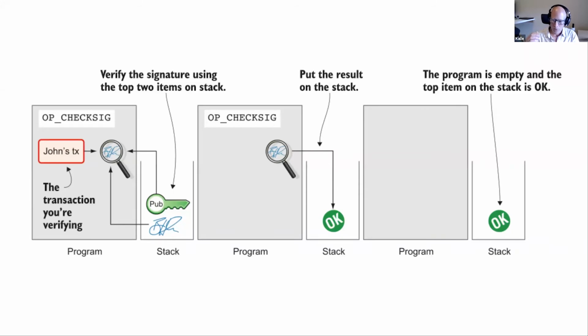So if there's a non-zero element on top of the stack, it will accept the program. The program has succeeded.